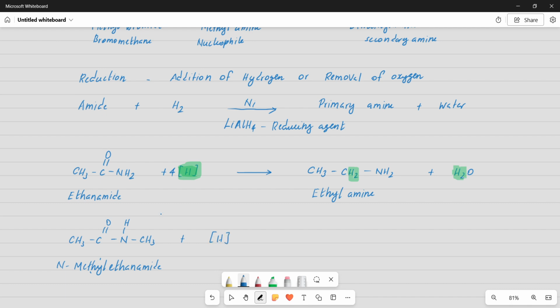Again, it can take hydrogen from the reducing agent, lithium aluminum hydride, otherwise lithium tetrahydridoaluminate.